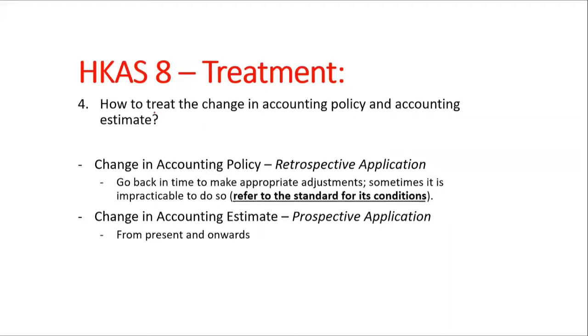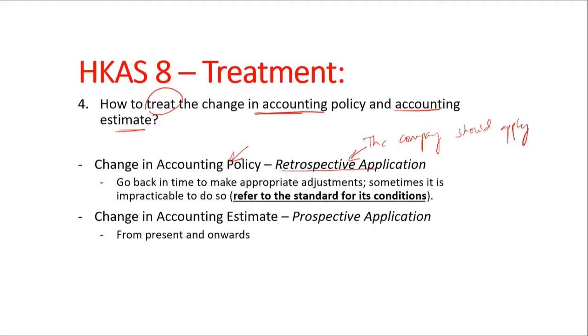So let's look at the treatment of a change in accounting policy and a change in accounting estimate. If there's a change in accounting policy, the standard says that the company should apply retrospective application.